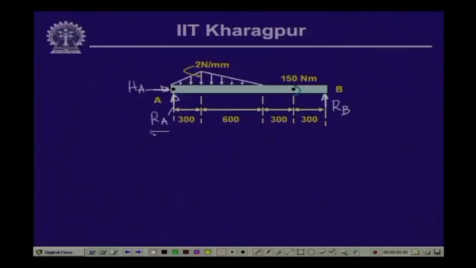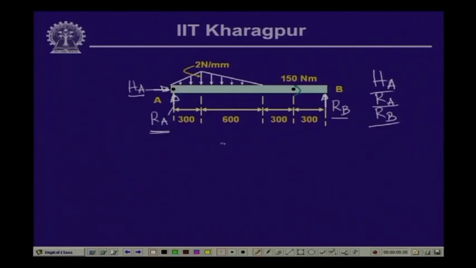Also, since at both ends the beam is allowed to rotate, there is no need for any moment to hold this rotation back, hence there are no reactive moments. So, the three unknown reactive forces are H A, R A and R B, which are to be evaluated from the given loading by employing the equations of statics.